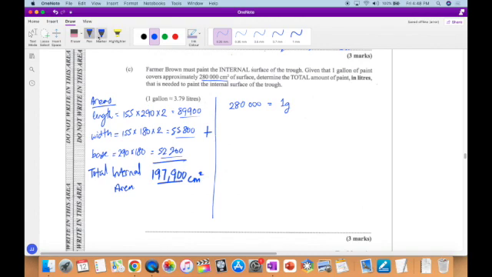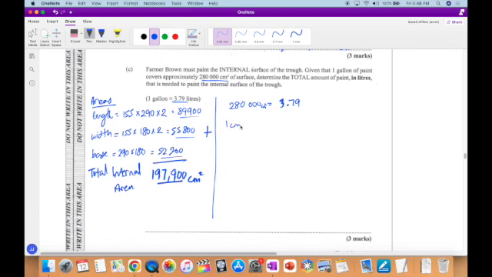Or we could convert it to liters now, actually, because 1 gallon, they told us here, is 3.79 liters, right? So therefore, this is centimeter squared, sorry.